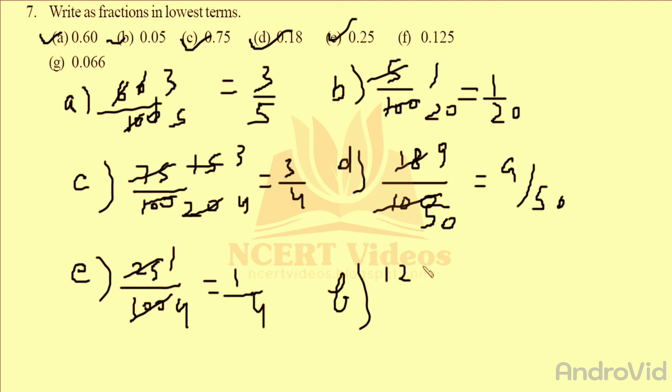F 125 over 1000. 5 2s are 10, 5 5s are 25, 5 2s are 10, 0 0, 5 5s are 25, so 1 over 8.